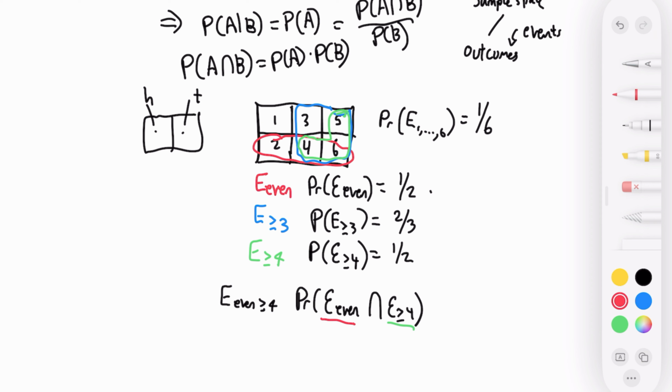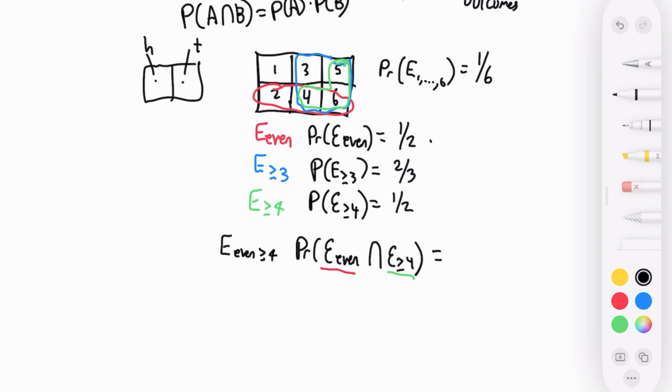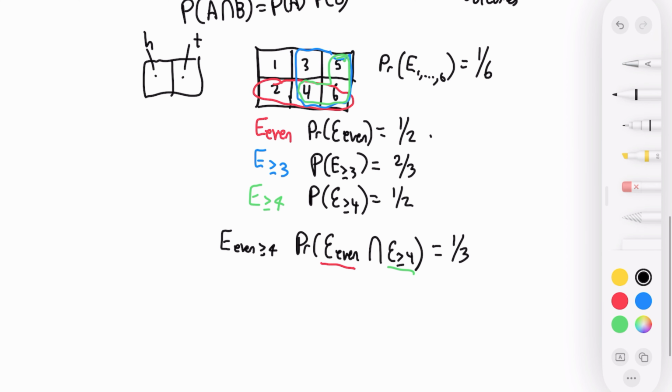Here we see that we have 4 and 6. These are our 2 options. So the event E even intersected with E greater than or equal to 4 is the set 4 and 6, because we're taking the set intersection of 2, 4, and 6 with the set 4, 5, and 6, and the intersection of those two is 4 and 6. Then we just need to find the probability of those events contained within the set intersection, and this is simply equal to 2/6, or 1/3.